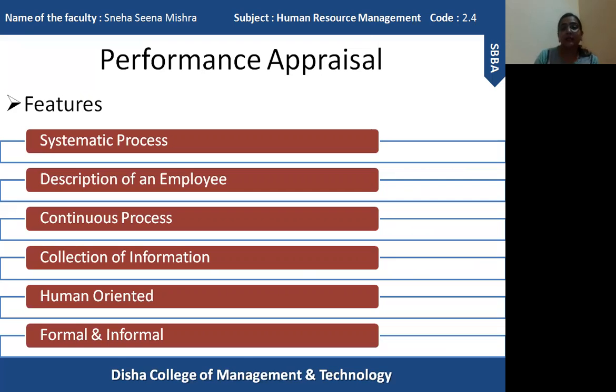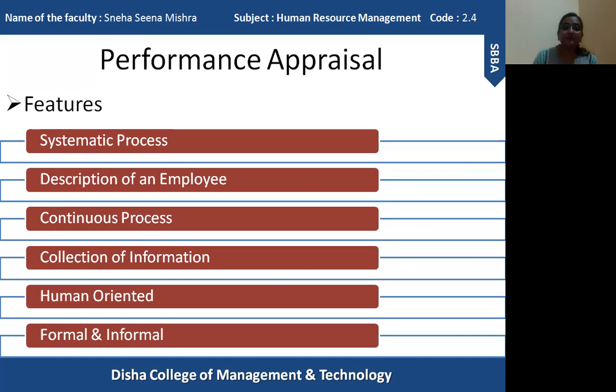What are the areas in which the employee has weaknesses? And with this report, they can find out different types of training programs which will help the employees to convert their weaknesses into their strengths. So it describes an employee in terms of their performance, in terms of their personality, in terms of their behavior, and also in terms of their potential.